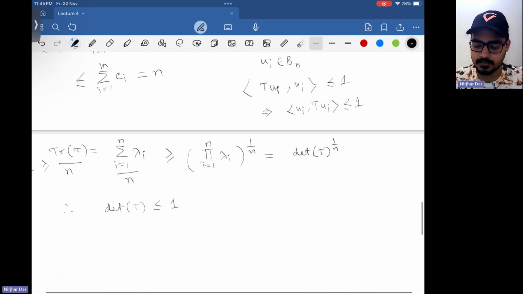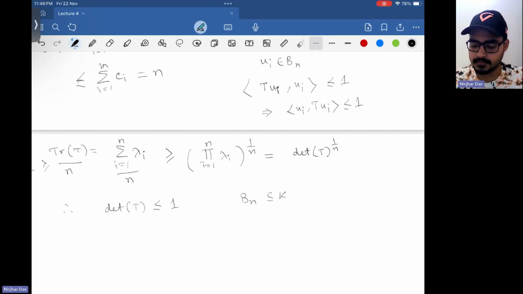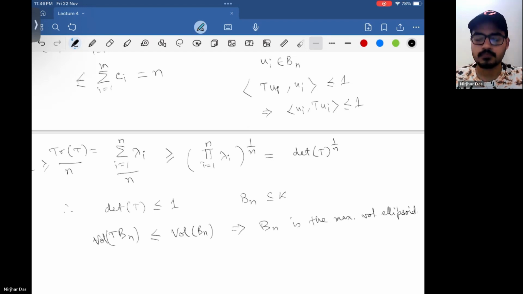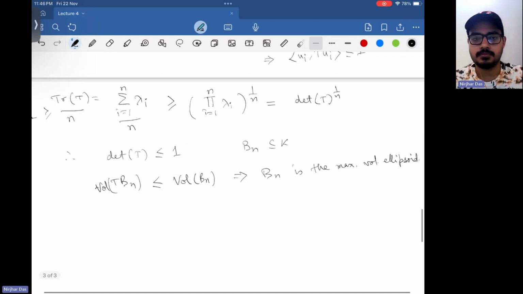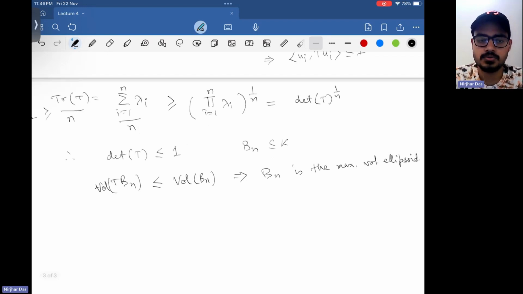And we know that Bn is contained in K. So the volume of T Bn is definitely less than or equal to the volume of Bn, and therefore Bn is the max volume ellipsoid. This concludes the proof of the implication.